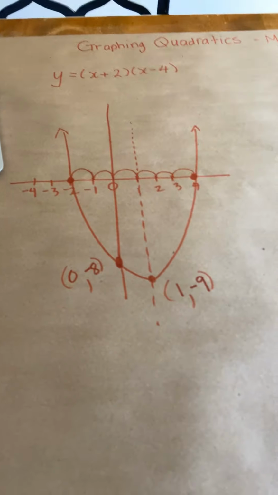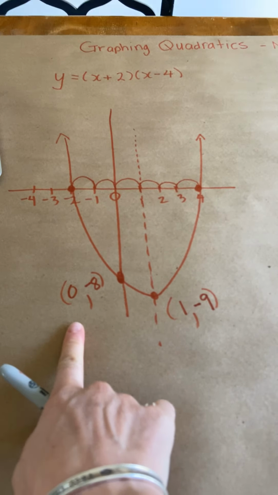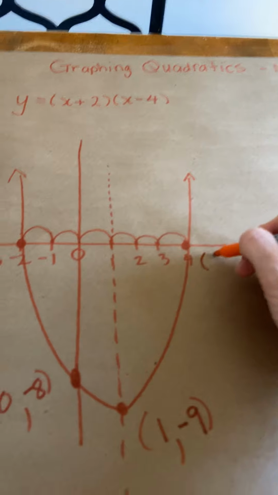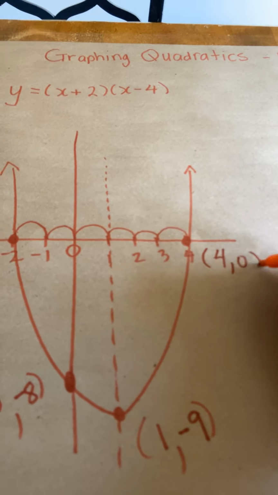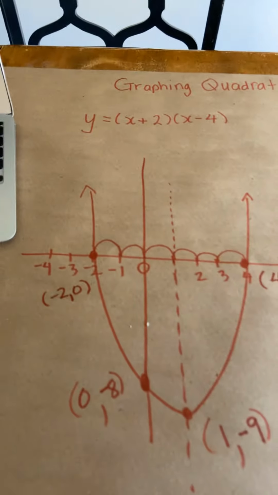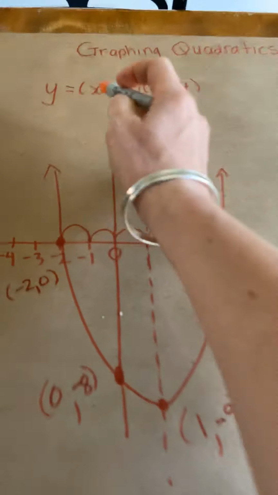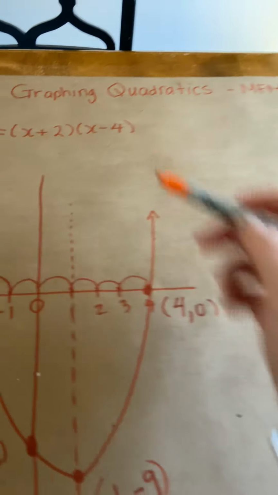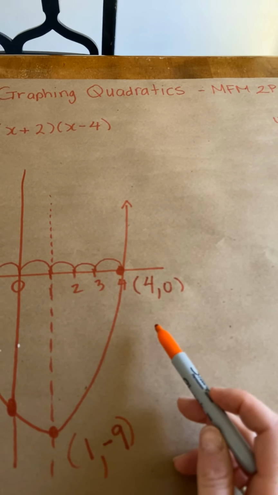Okay, so we've got our y-intercept (0, -8), our vertex (1, -9). I've got (4, 0) and I've got (-2, 0). And the most exciting thing about this is that here it says +2, and here it's -2. Here it says -4, and here it says +4.